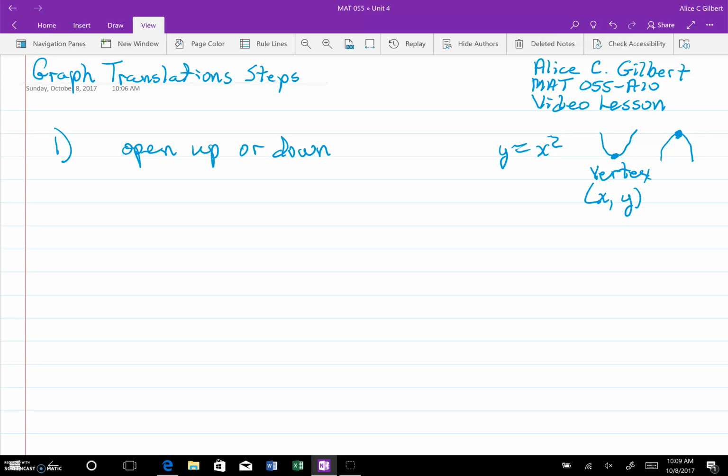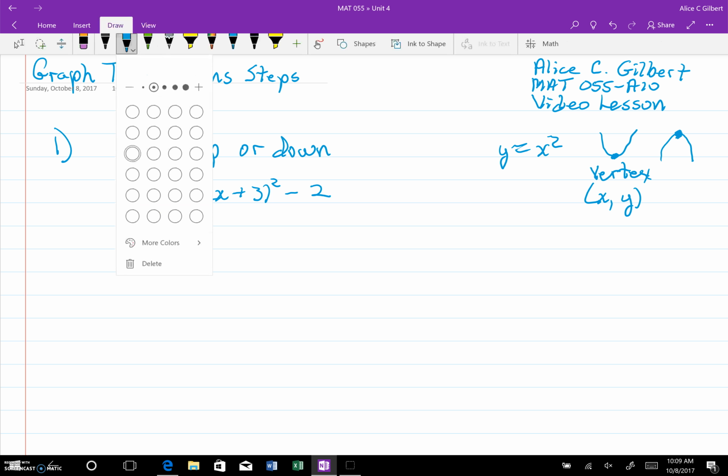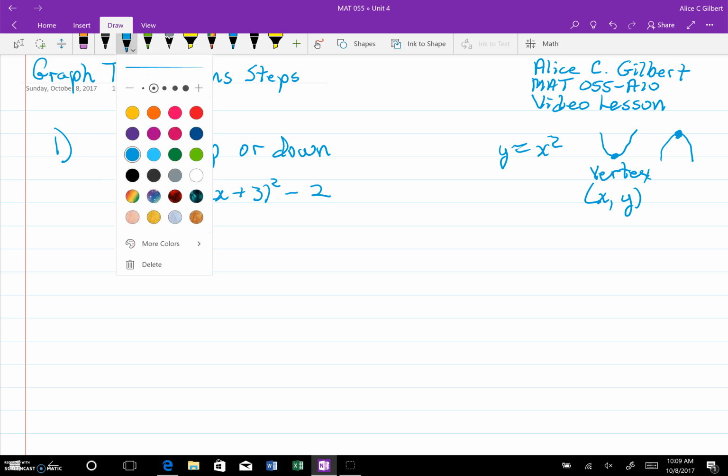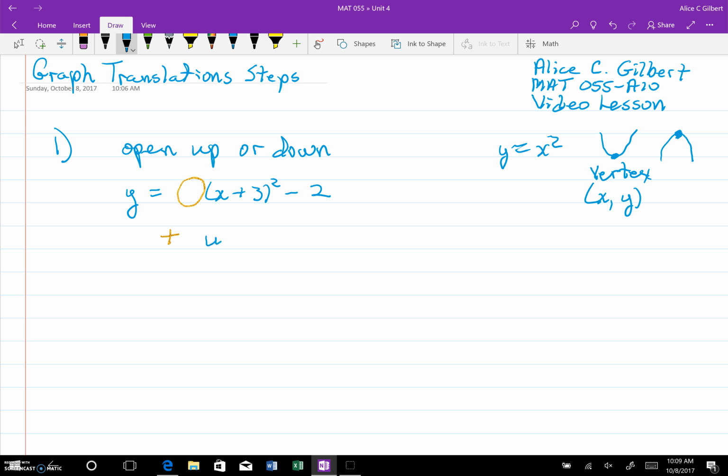So the way we do that is we look at the equation. I'm just going to write an equation here, and we want to know, is the sign in front of this negative or positive? If the sign is positive, then our graph will open up, like this guy.